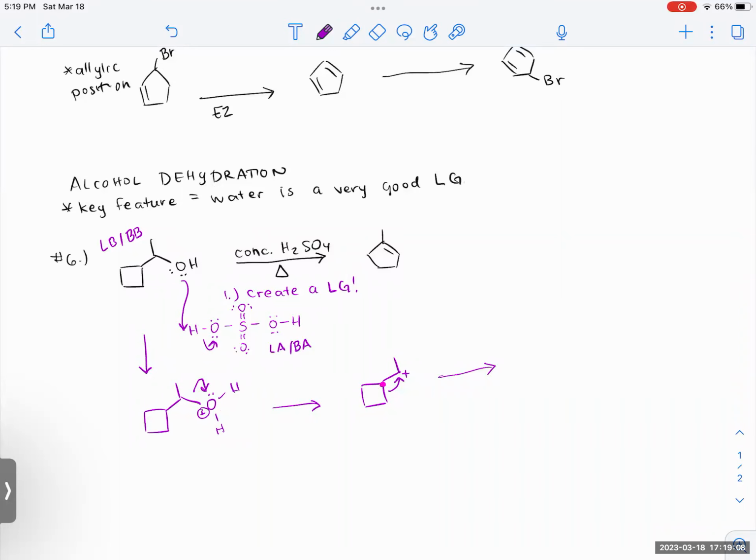So if we redraw, we end up getting a structure with five carbons in the ring, and then one sticking out.